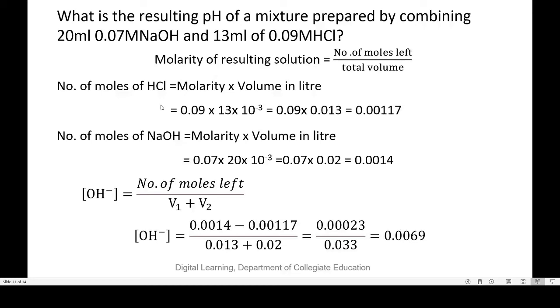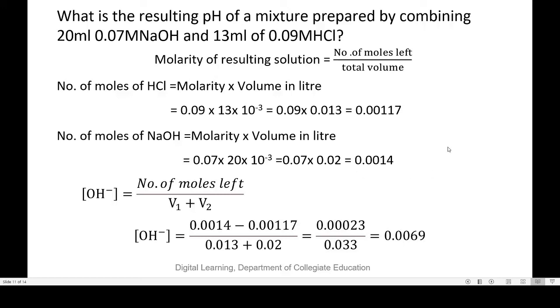So the number of moles of HCl will be equal to 0.00117. Similarly, the number of moles of sodium hydroxide will be equal to molarity 0.07, volume is 20 ml, but expressed in liters, 20 into 10 to the power of minus 3. Upon calculation, the number of moles of NaOH will be 0.0014.